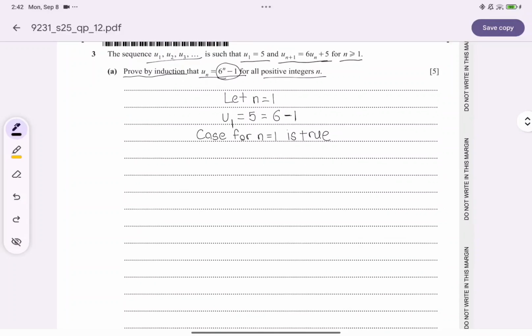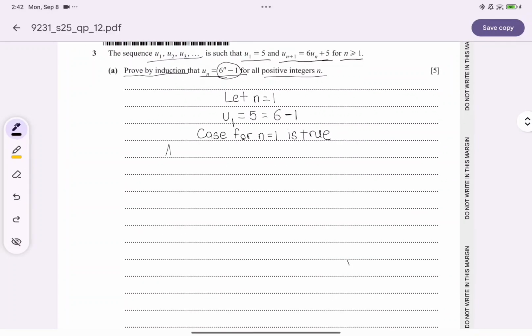Okay, so now we're going to assume that it's true for n equals to k, where k is a positive integer. So we're basically assuming that uk equals to 6 to the power of k minus 1 is true.